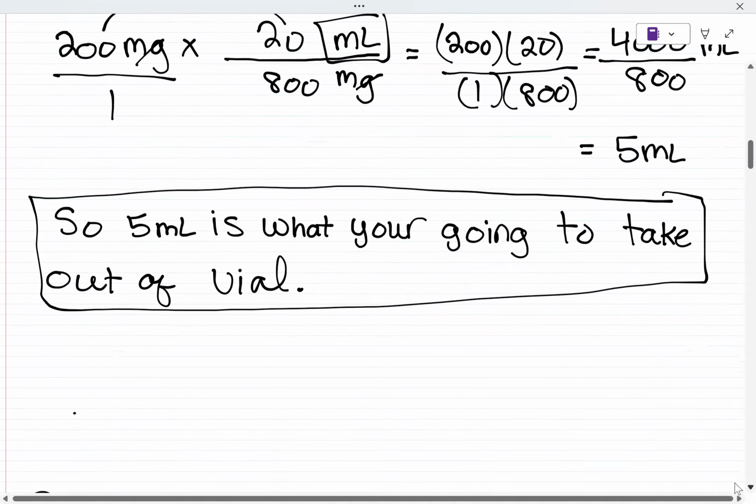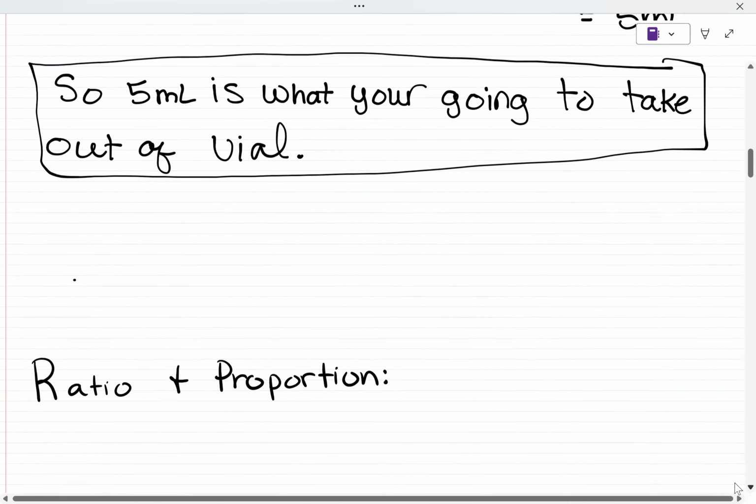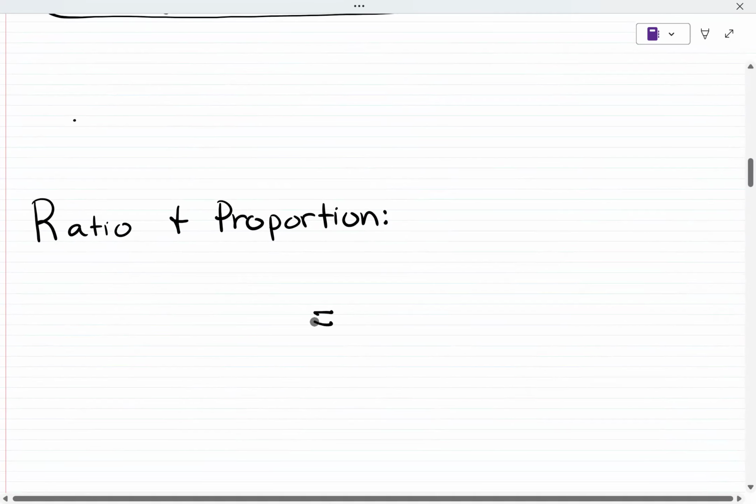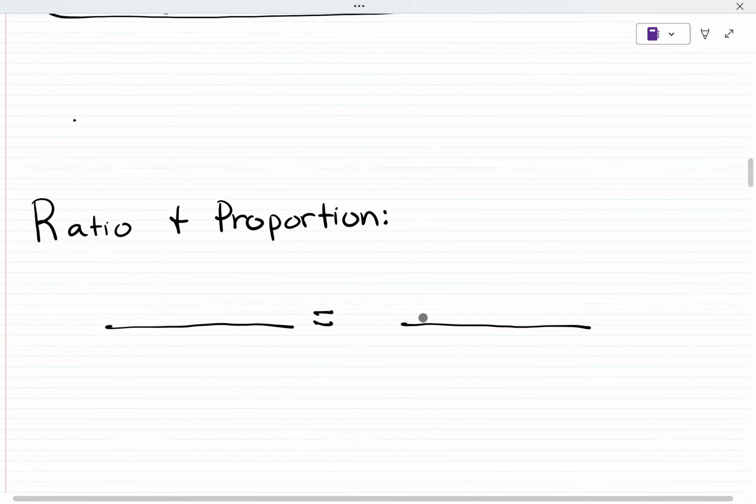Okay, so let's do the same problem using ratio and proportion. Fraction here, fraction there. We were given 800 milligrams per 20 milliliters.